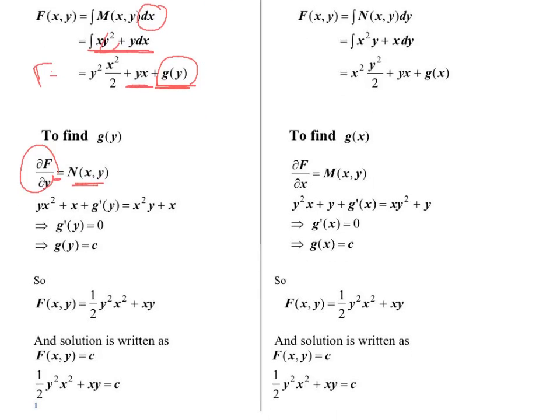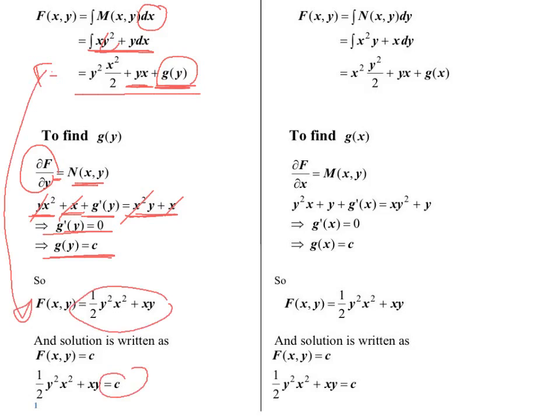So partial f partial y from the answer is equal to 2yx squared over 2, so yx squared plus x plus g prime y, equal to n from the equation, which is this. This is equal to that, so g prime y is 0, so g of y, the integration of 0, is a constant. Then you go back and write what is f, and the solution is written as f equal to constant.